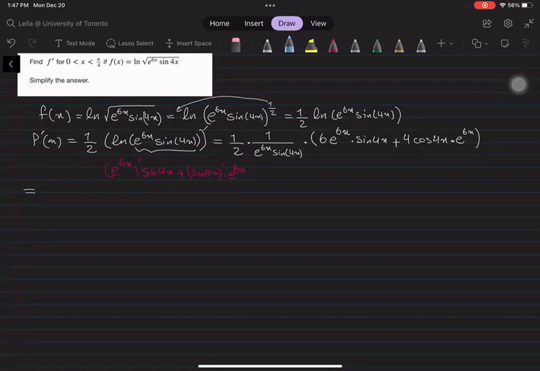Now you have the 1 over 2 here. So this is 2 times 3, 2 times 2, you can simplify this and get rid of the 1 over 2. You have e to the power of 6x sine of 4x.